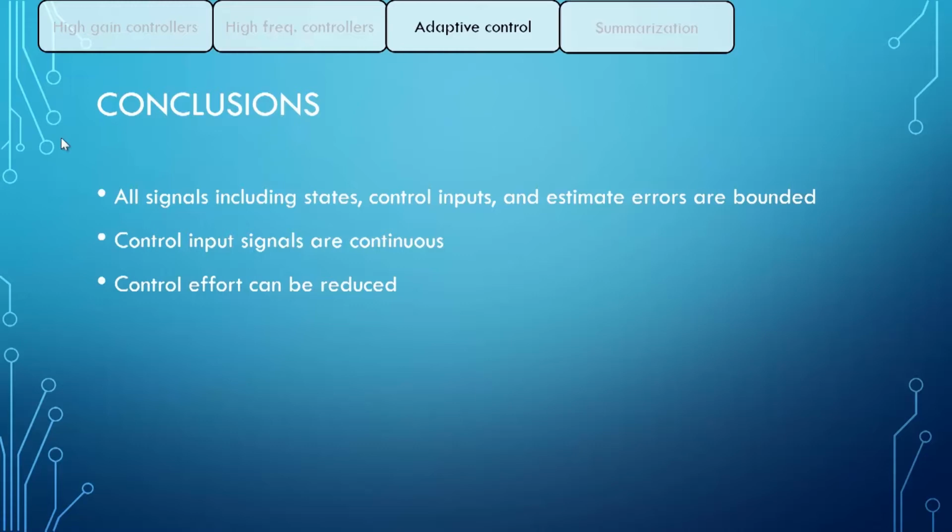This is compared to the robust control, because in robust control we don't know the system. The system is unknown. We upper bound the system parameter by C, and as C is larger, we need to use a more powerful control input to the system to stabilize the system.